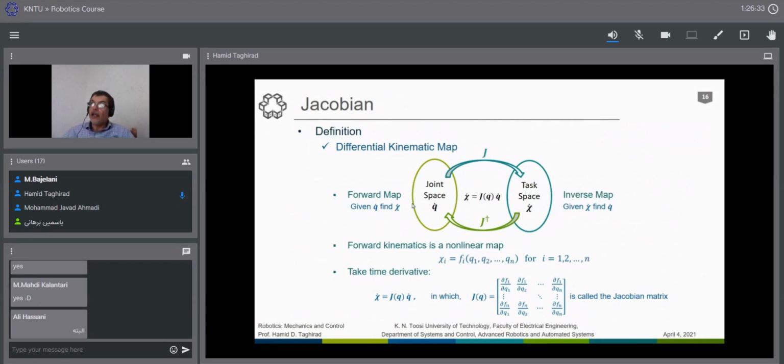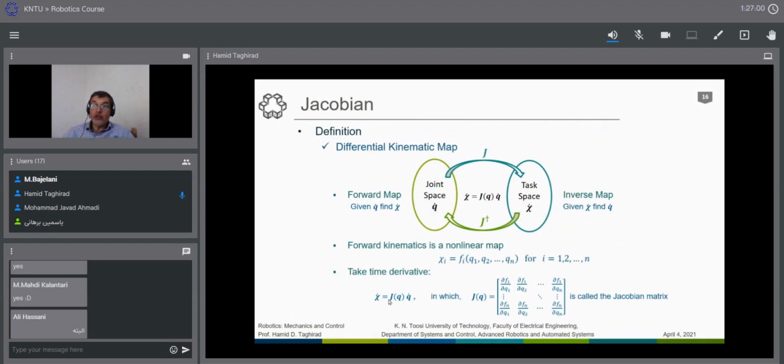Now, if you look at that, you see that the joint space variable q dot and the task space variable chi dot or x dot are related in differential kinematics by the Jacobian. Jacobian is a very important matrix.